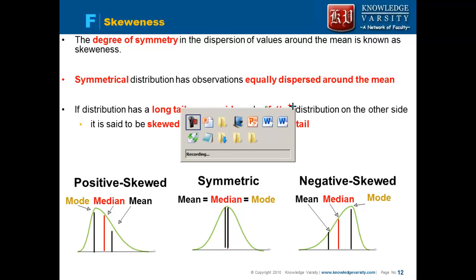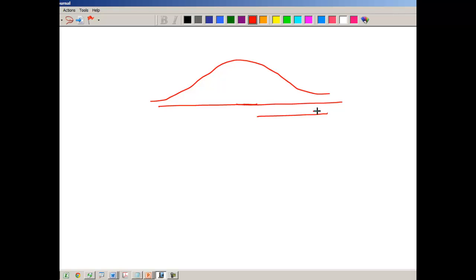So how is this explained? Please note that we have not introduced diagrams like this so far, but this type of diagram is very simple to understand. On the x-axis you have the values, and on the y-axis you have the frequency.